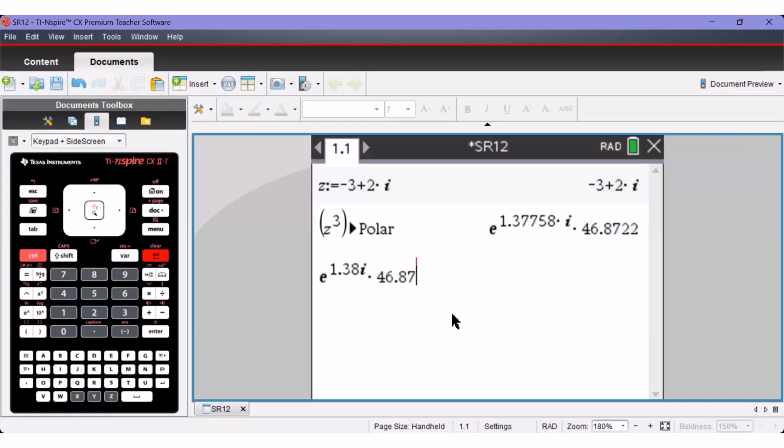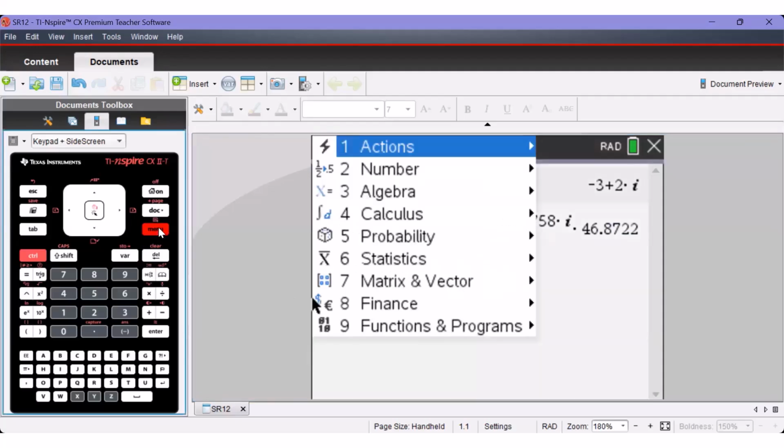Remember that 1.38 is in radians. So what we should do now is convert that into Cartesian form, and let's see what our answer is compared to 9 plus 46i. So let's press menu.